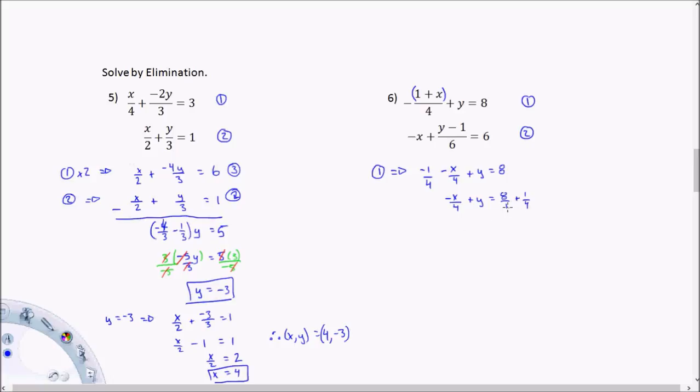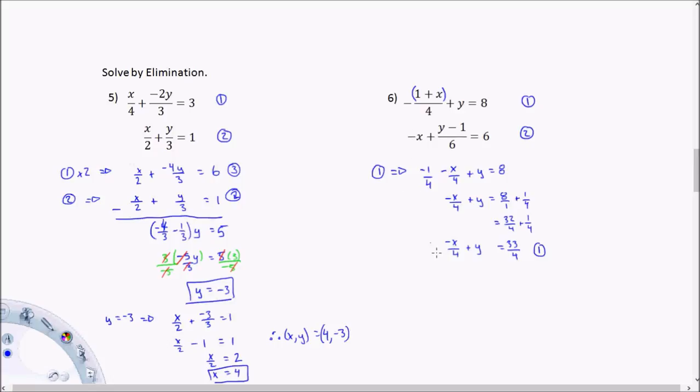We can find the least common multiple between a 1 and a 4 and get 32 over 4 plus 1/4, which is equal to 33 over 4. And all of this is equal to negative x over 4 plus y. And this is still our equation 1.